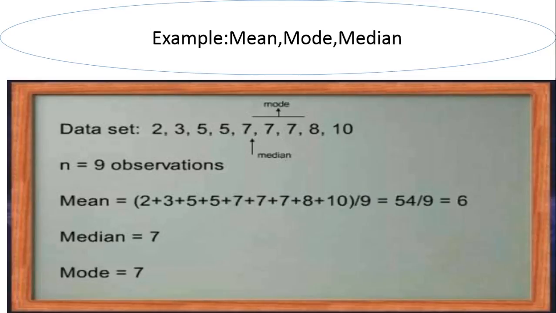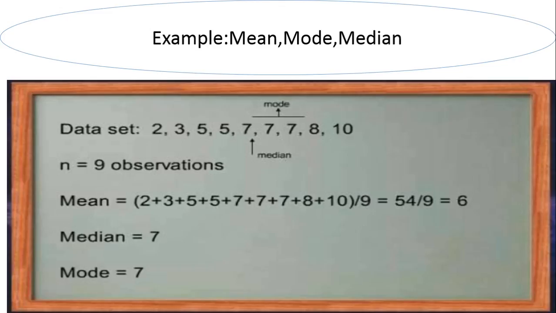But the median is the value that divides our sample into two. When we cross 7, it divides our sample into two parts.